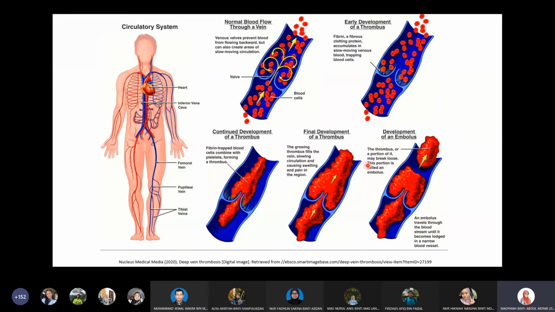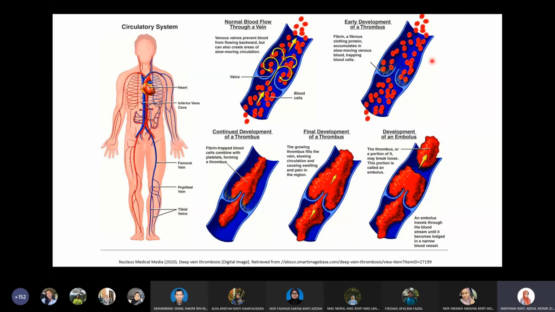When part of the thrombus breaks off or is dislodged, this is what we call an embolus. The embolus will go through the blood circulation until it becomes lodged, until it can go no further, and it will stay there.